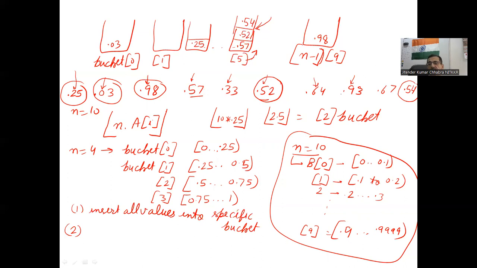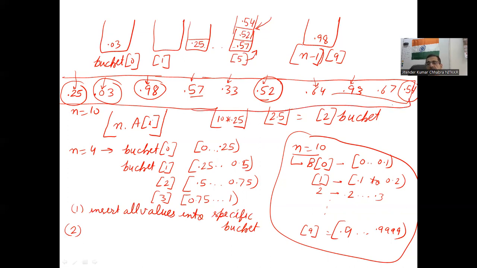I can easily say there is no value with 0.8 something, and no value with 0.4 something. Accordingly, some buckets will be empty and some will get multiple values. For example, I could get multiple values in bucket index 5. Similarly, bucket 9 will also have more than one value.